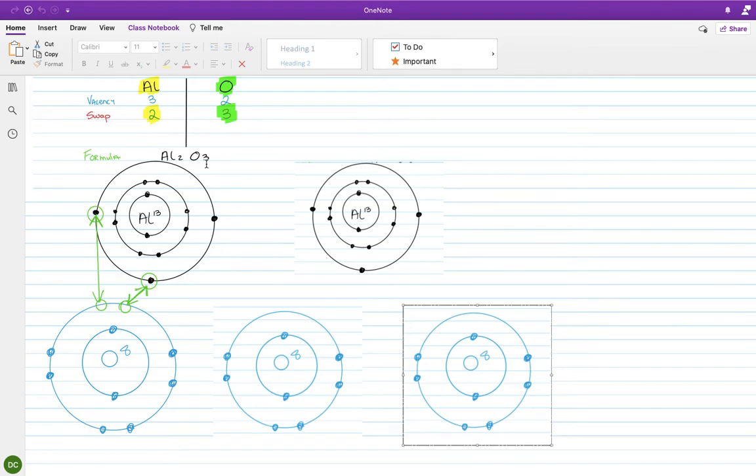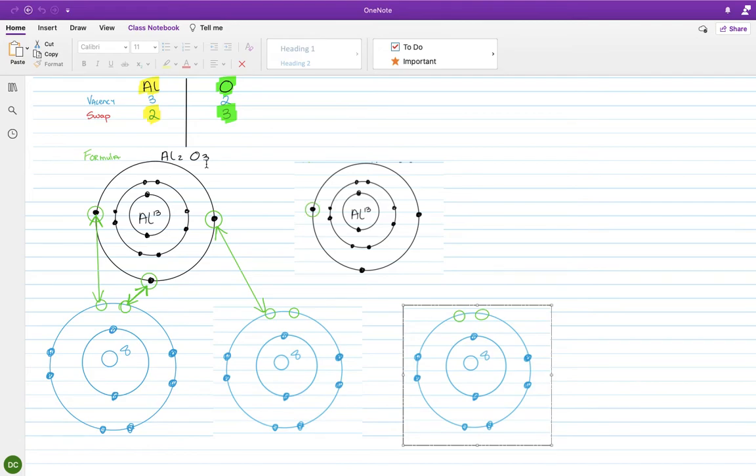So now we have that shell full. I have 2 I need to get here, and then I have 2 I need to get here. Okay, watch. This one can share there.